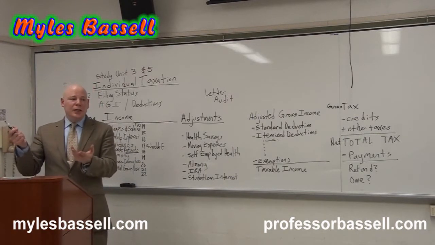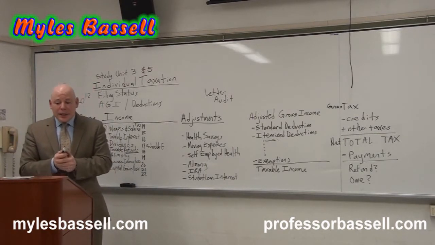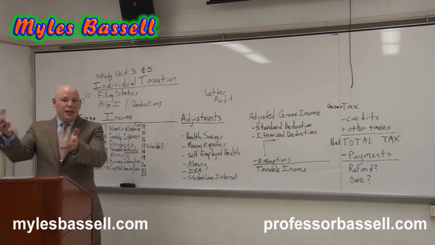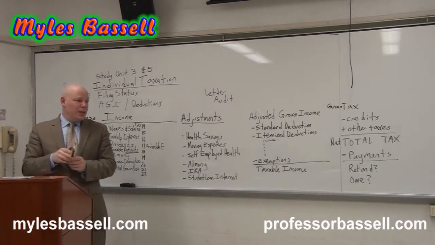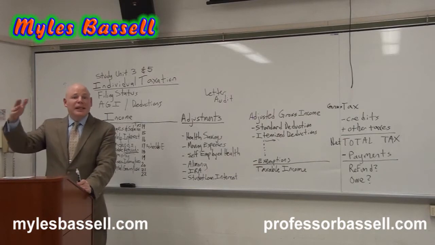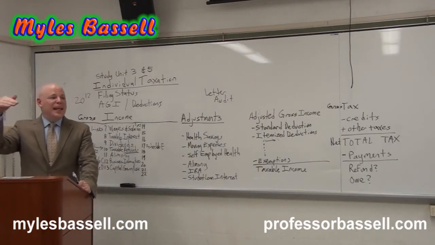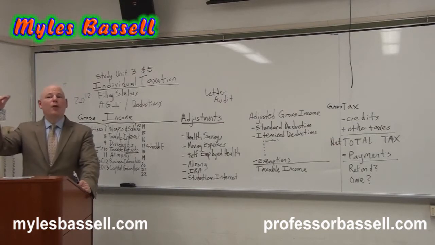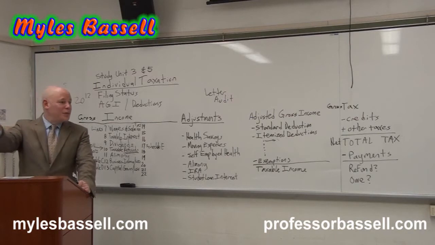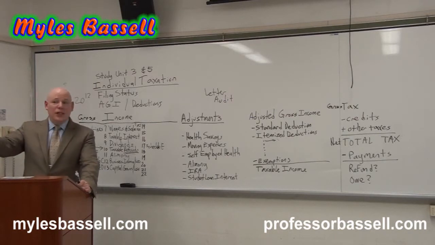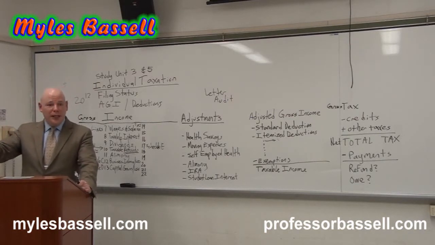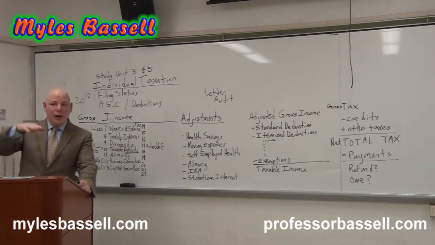So on Schedule D, we're going to have to indicate the date that we bought the securities, so the date that we bought the stock, how much we paid for it, the date that we sold it, and how much we sold it for. And then with that information, then we could determine whether or not we actually had a gain or we had a loss.